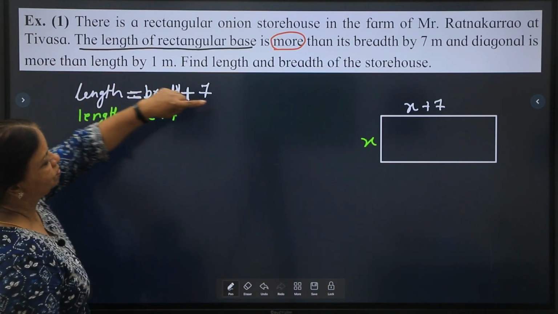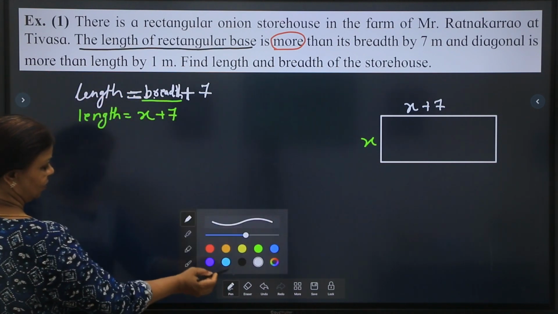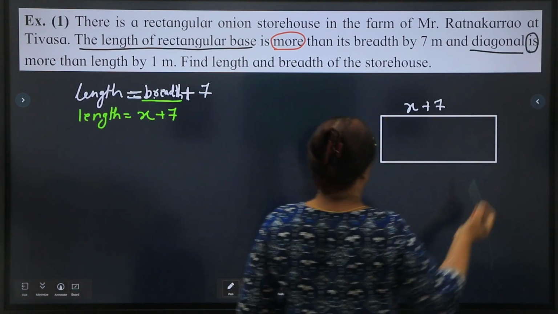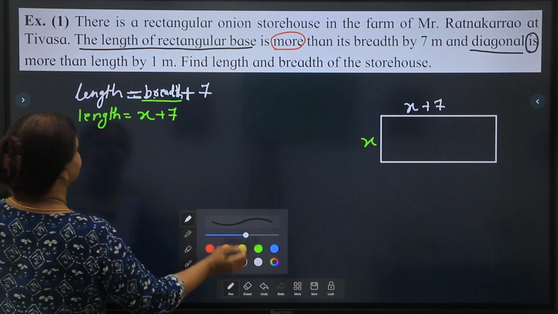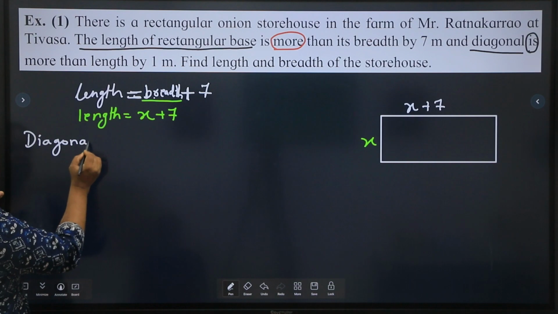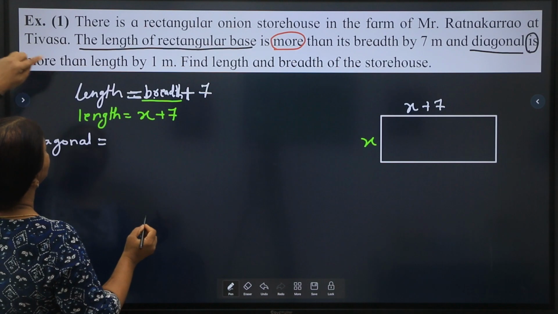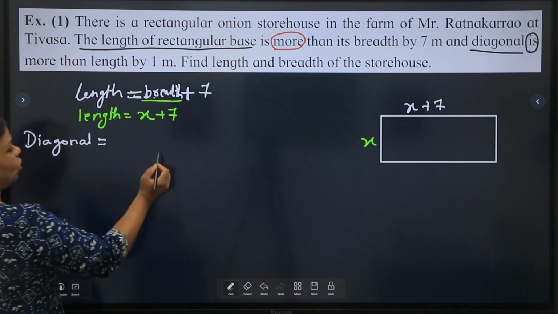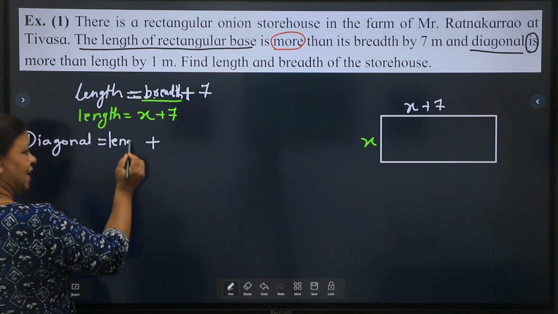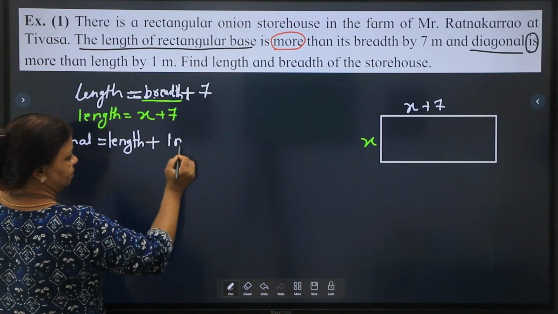Now what is said? And the diagonal is, now again, let me write diagonal. Diagonal is, is means equal to, diagonal is more than its length, more means again plus, more than its length by 1 meter.